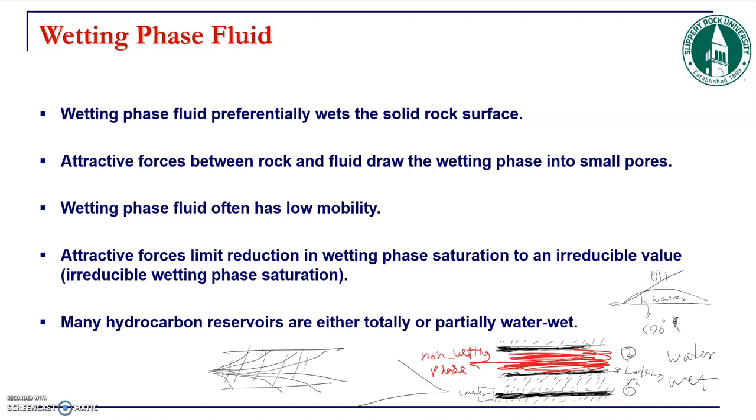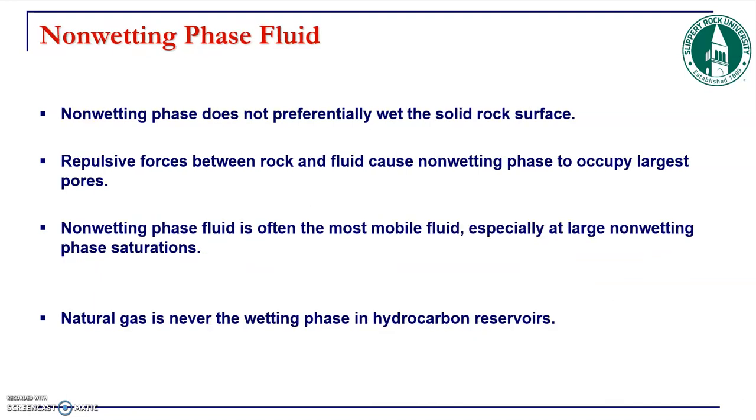Now it doesn't matter if it's really water or oil. If oil is the wetting phase, the oil will fill the smallest pores, and water you can find in larger pores. So this wettability concept changes the distribution of fluids inside your reservoir rock. The non-wetting phase will fill the larger pores, the wetting phase will fill the smallest pores.